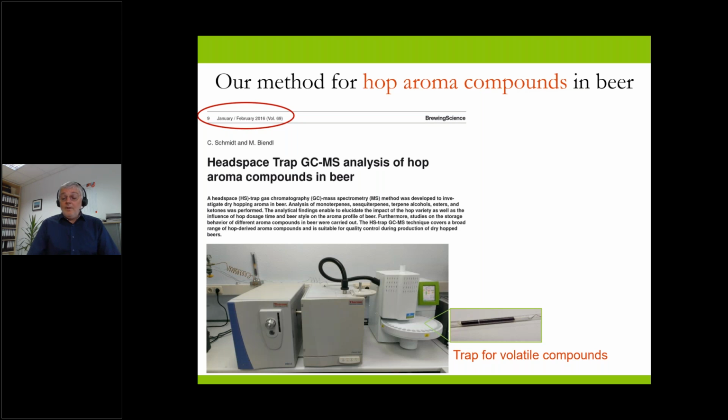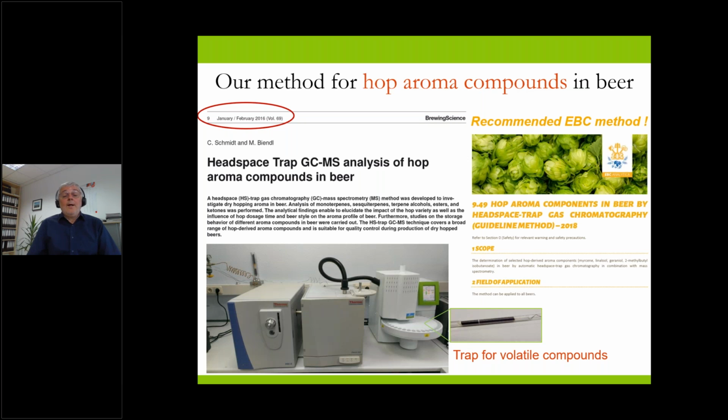In the meantime, the EBC has already organized a collaborative trial using this method. Some labs from the US also participated in this collaborative trial. And for 2 years now, this method has been recommended as method 9.49, hop aroma components in beer by headspace trap gas chromatography.